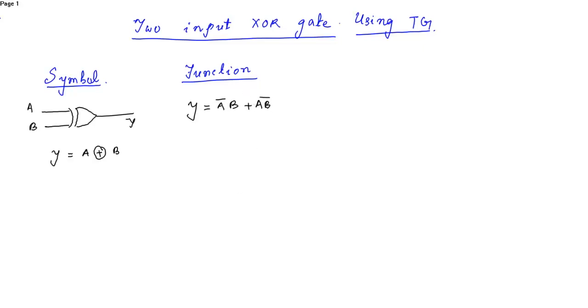Now let's see the truth table of a 2-input XOR gate. It has got 2 inputs, so make a table.